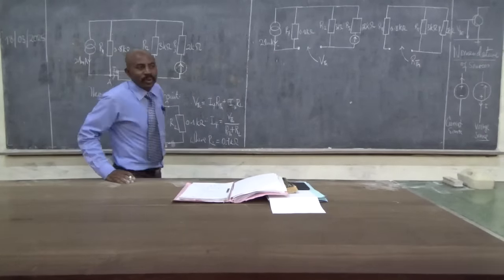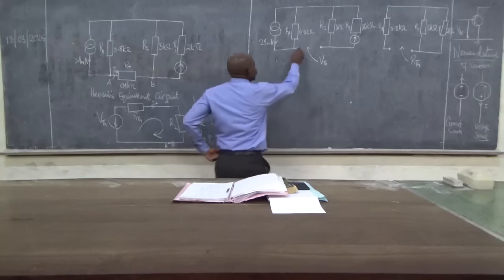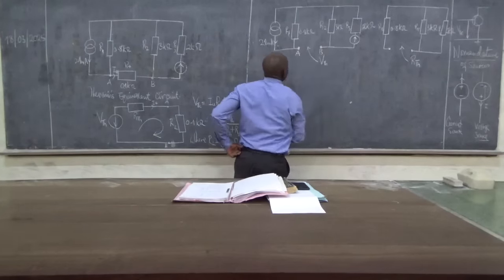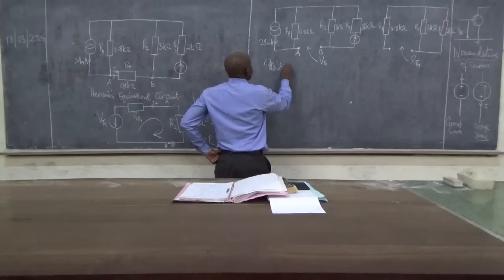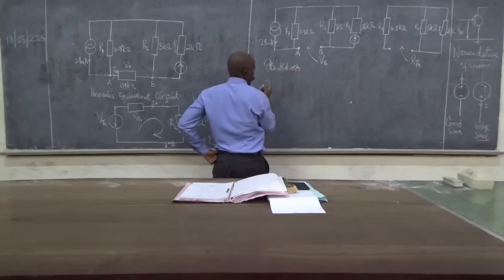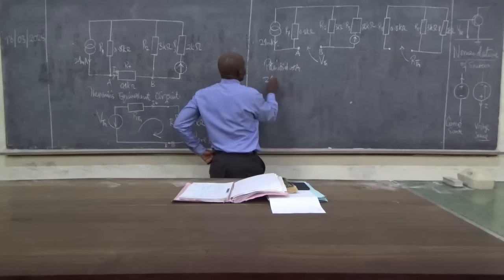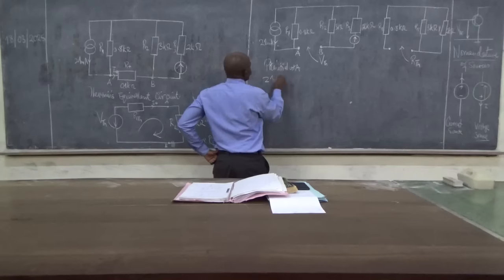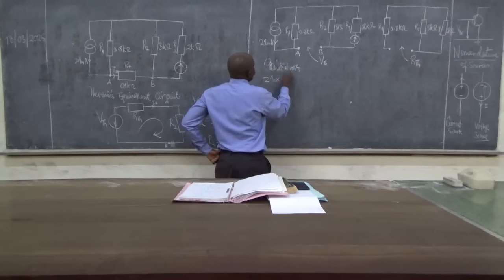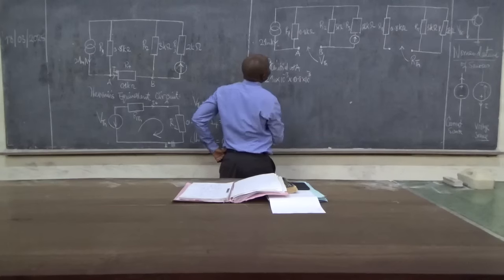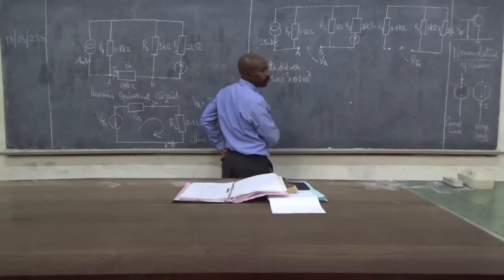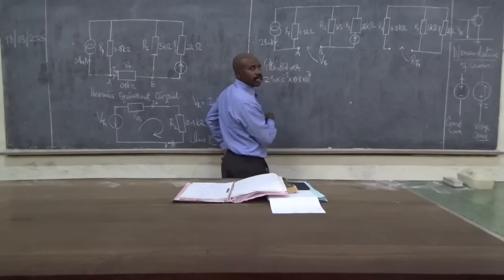No problem. So the potential at A we have 21 milliamps. So that's 21 times 10 to the power minus 3 times 8.8 times 10 to the power 3, and then we end up with volts. Those will calculate.